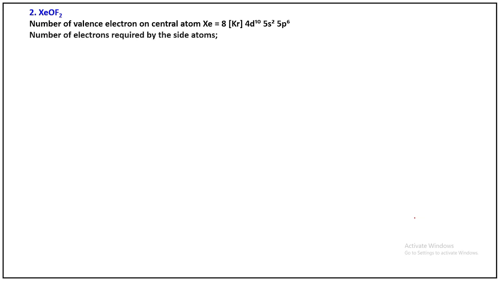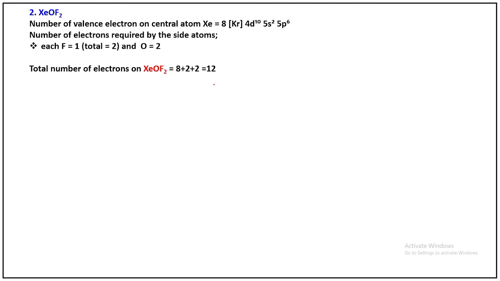The next one is XeOF2. The number of valence electrons on xenon equals 8 and the number of electrons required by the side atoms: each fluorine equals 1, giving a total of 2, and oxygen needs 2 electrons to complete its octet. Hence the total number of electrons on XeOF2 will be 8 from the xenon, 2 from the 2 fluorine atoms and 2 from oxygen, which equals 12.